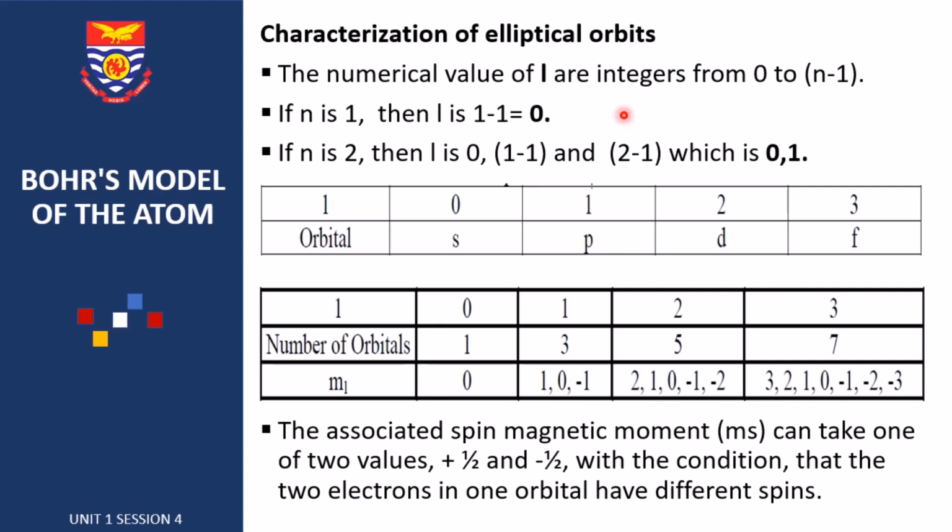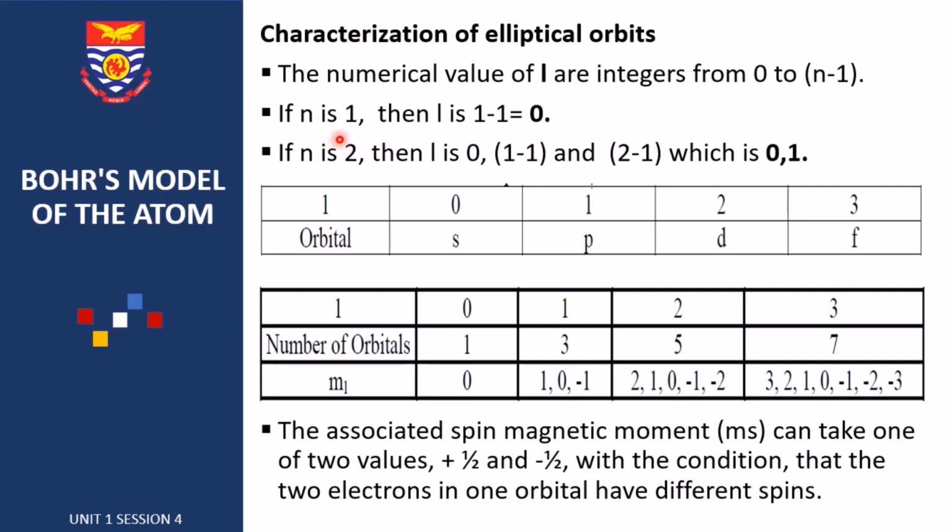So if your energy level is, let's say, 1, that is the K shell, we can find the number of sub energy levels or subshells present within that energy level, and we do that by finding integers from 0 to n minus 1.